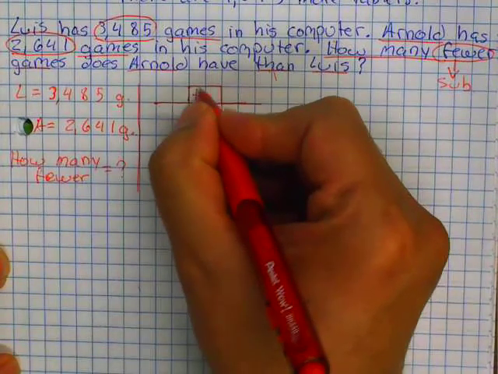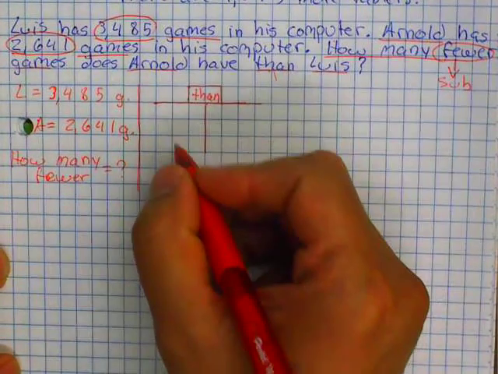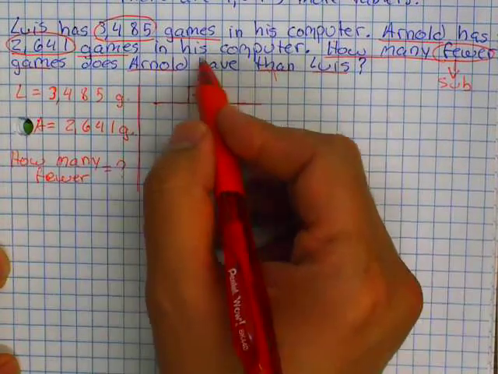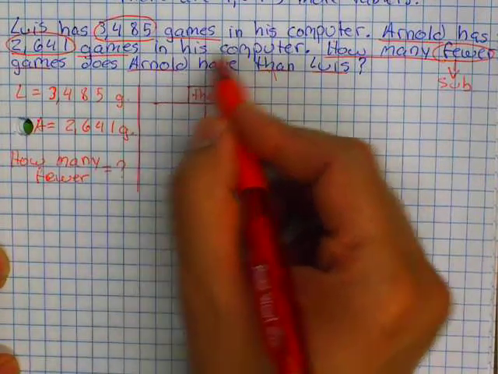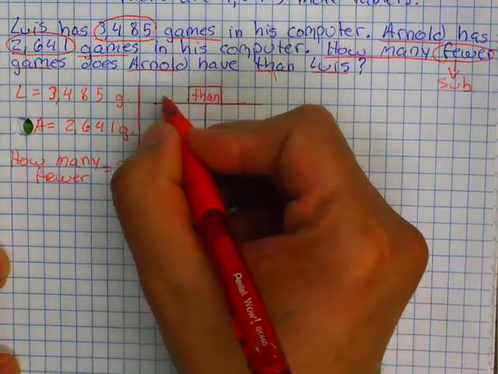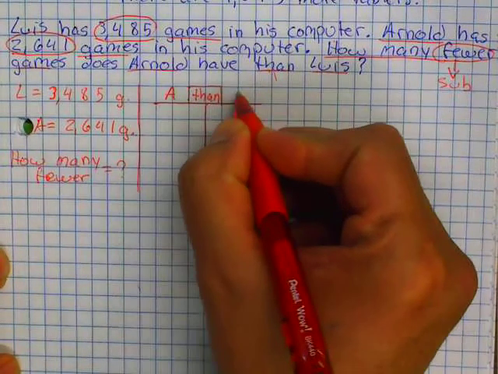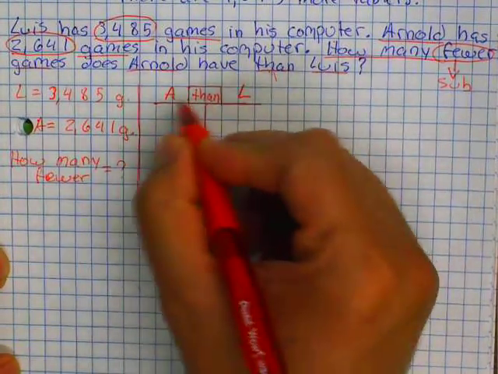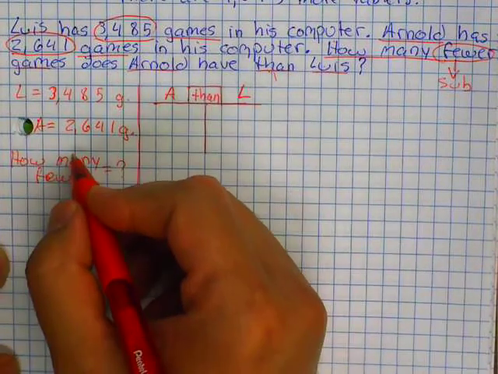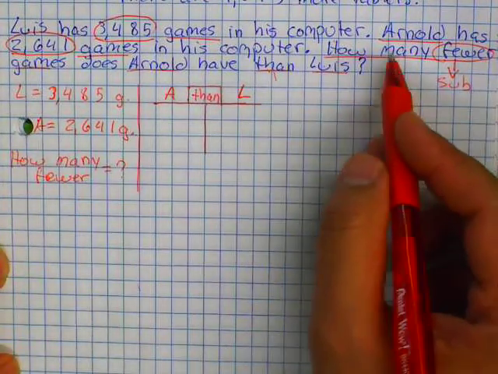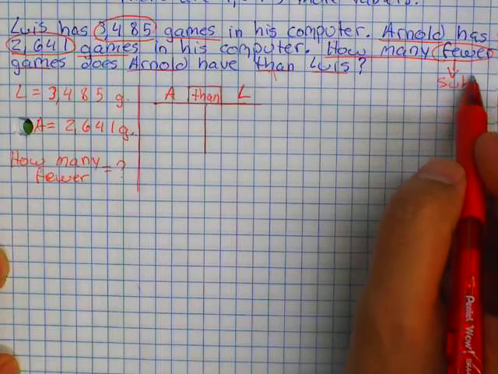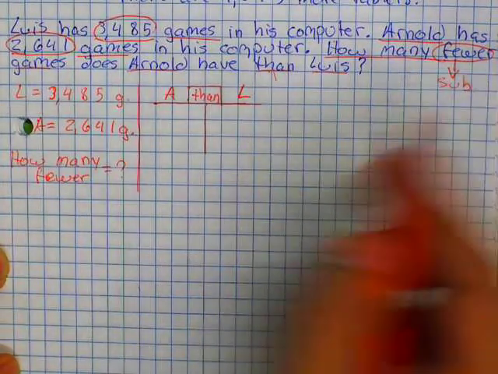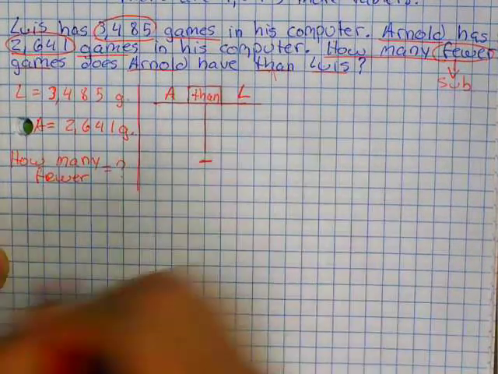So my comparing word is then. So on one side I have Arnold, and I want to compare Arnold with Luis. So I need Arnold and Luis. I'm going to compare those two. Since they're asking me how many fewer, and how many fewer is like they're asking me for the difference, I need to subtract those two numbers.